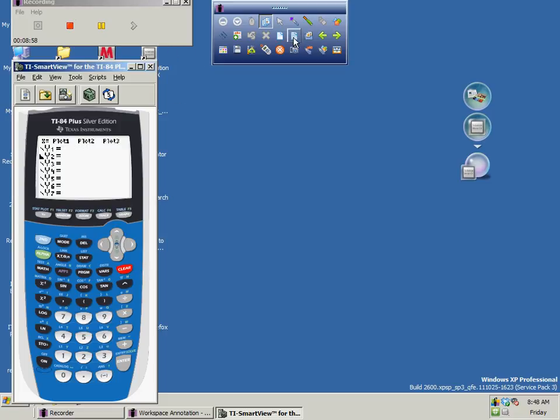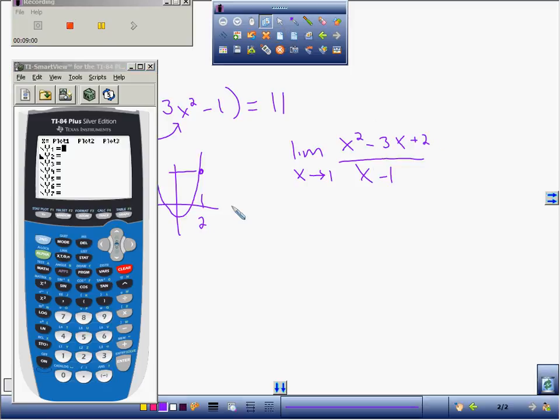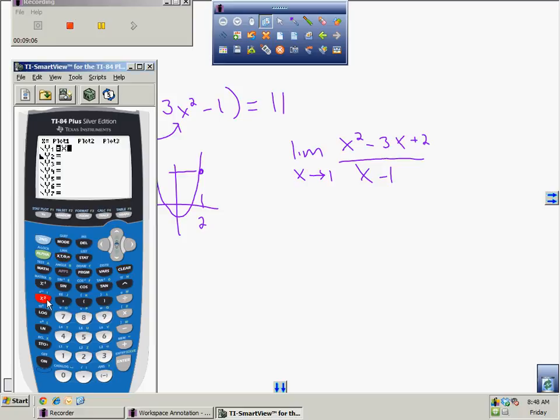I could probably bring that back up here. There it is. x squared minus 3x plus 2.